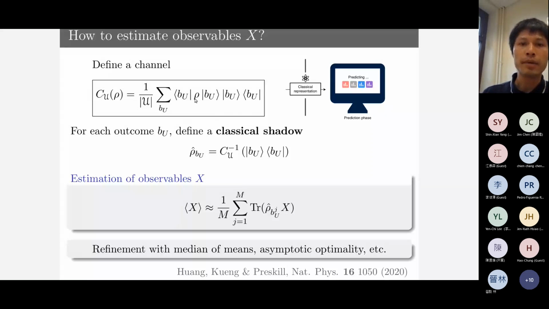So you make a measurement on the basis, and then on the rho, and you collapse the system into the basis state b-u. At the same time, you can think of the system as prepared in the state b-u. So overall you have a probability here and the state after the measurement, so to say.